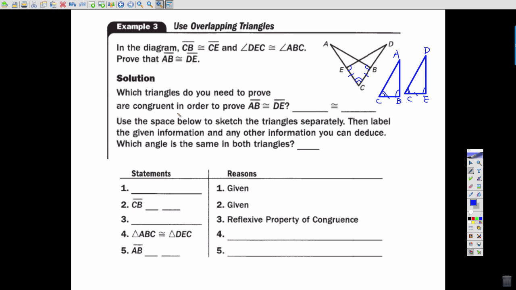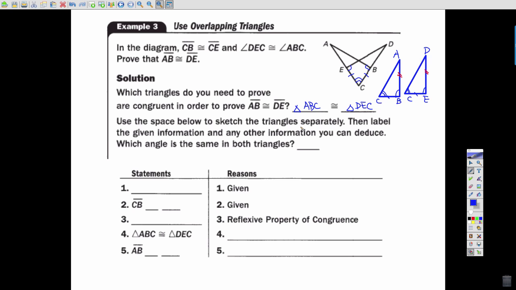Which triangles do you need to prove are congruent in order to prove that AB, which is this one, I'm going to use a red ink, it's asking us to prove the two red tick marks. So we already said that we have to prove triangle ABC is congruent to triangle DEC.